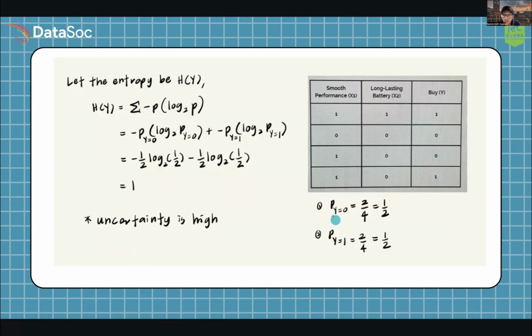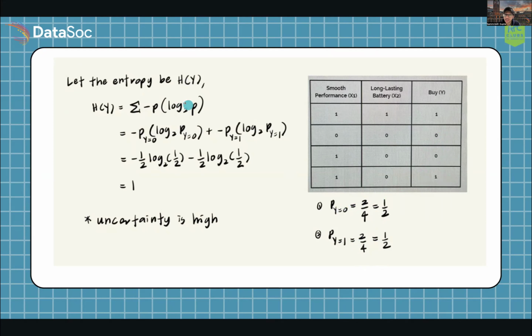If you see the table over here, we can find the probability of y equal to 0 and y equal to 1. We'll see that we have four values, and two of them are 1, which would be 2 by 4, and two of them are 0, so that would also be 2 by 4, which is half. So the probability of y being equal to 0 and 1 is half each.